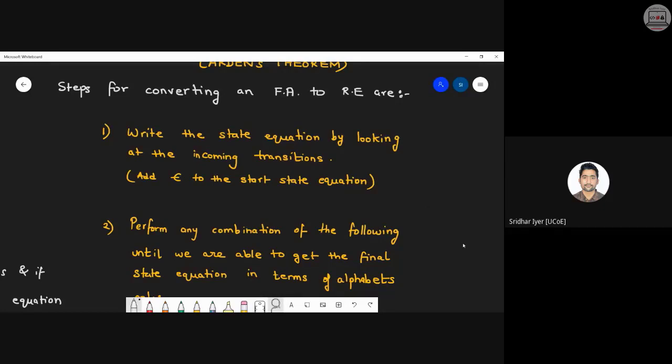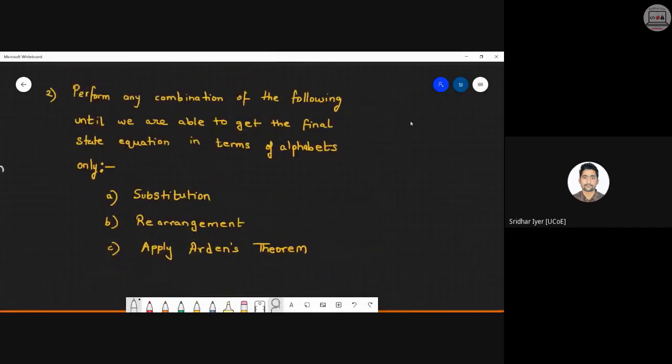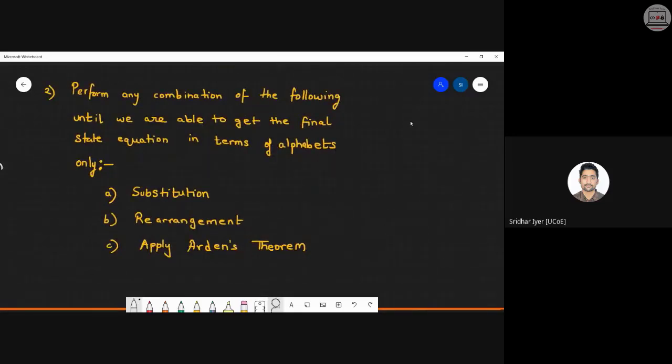Clear? So step number two is you have to perform n number of combinations of the following operations. The following operations could be substitution, rearrangement, and finally, if you are not able to solve it using substitution or rearrangement, you have to apply Arden's theorem. We'll learn about Arden's theorem in the later section.